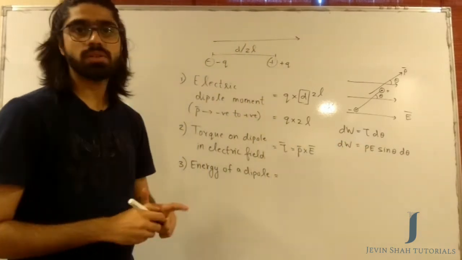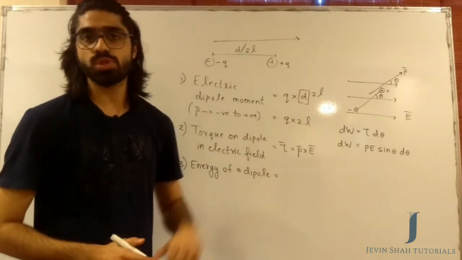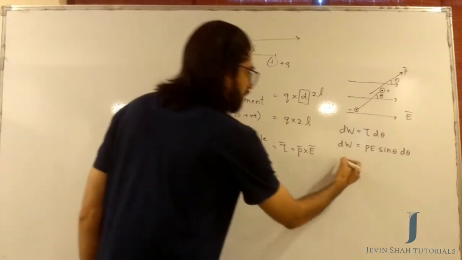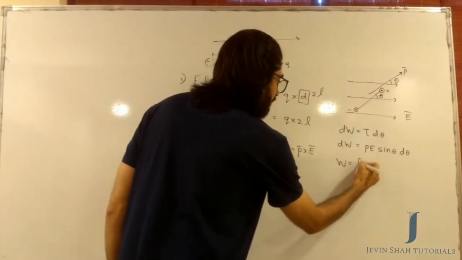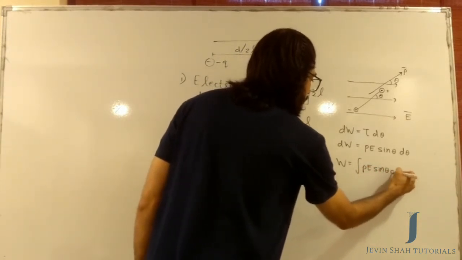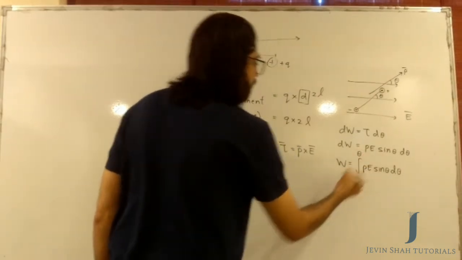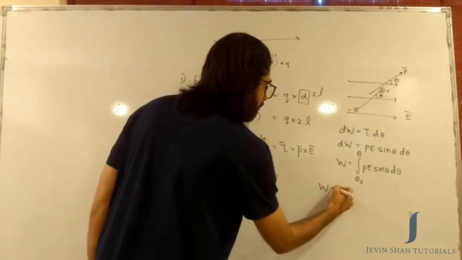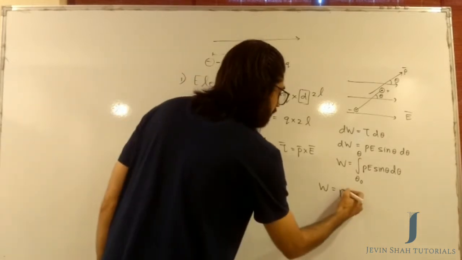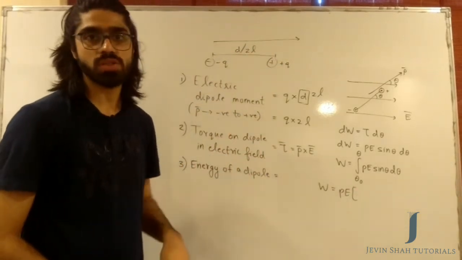Let us say we have turned the dipole from some initial position theta naught to some final position theta. So the total work done will be given by integration of PE sin theta d theta from some initial position theta naught to some final position theta. So the work done will finally be PE, integration of sin theta is minus cos theta.